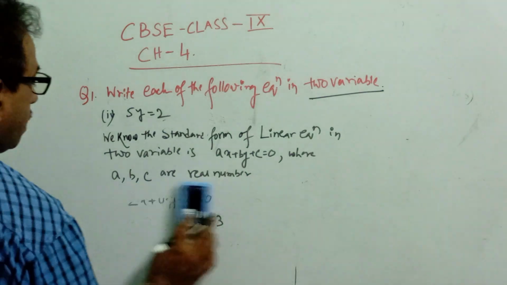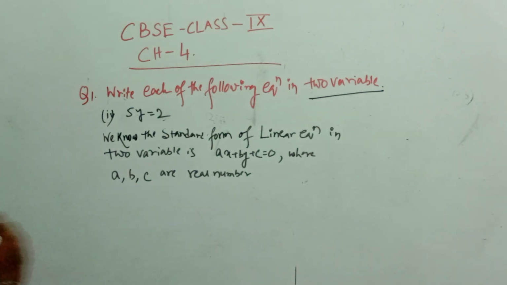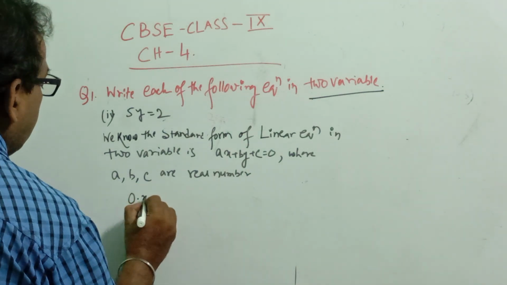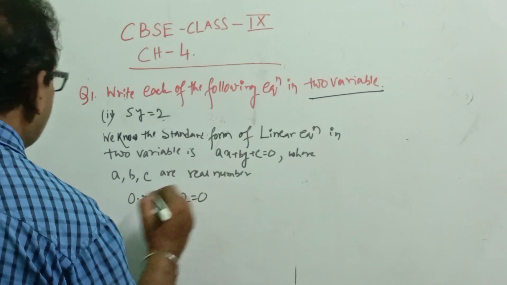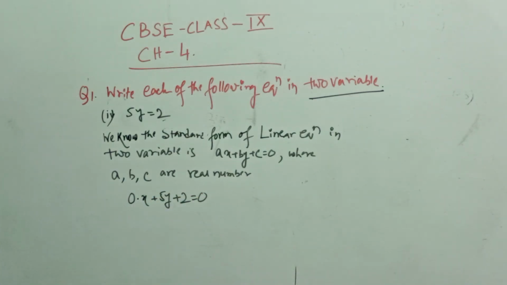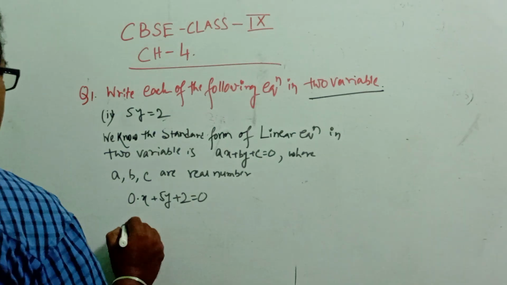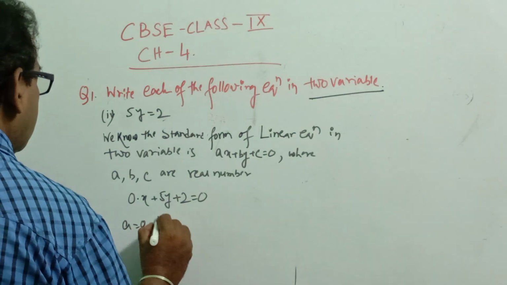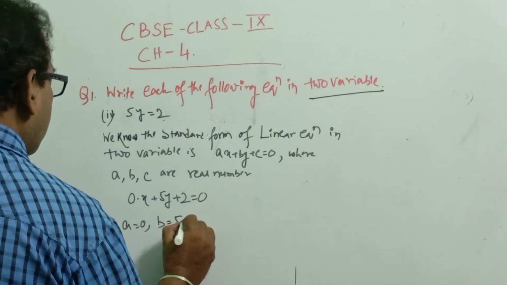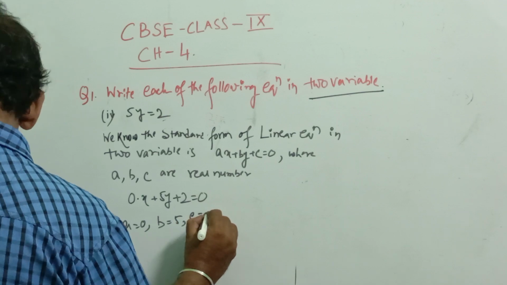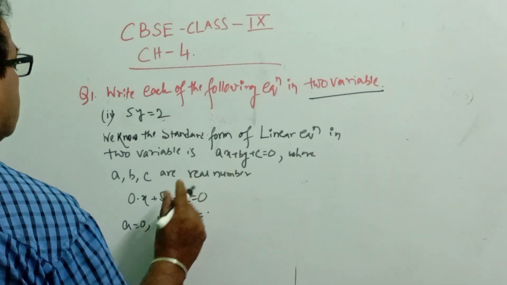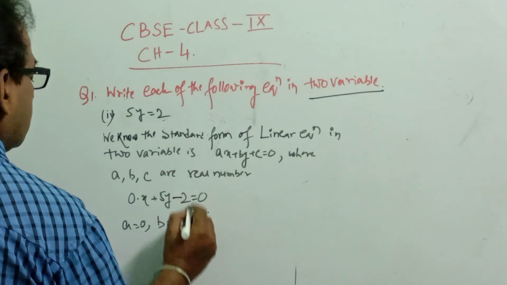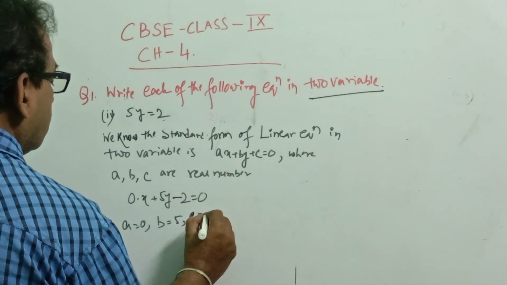Now how can we write that? 0 into x plus 5y minus 2 is equal to 0. Now a is equal to 0, b is equal to 5, c is equal to minus 2.